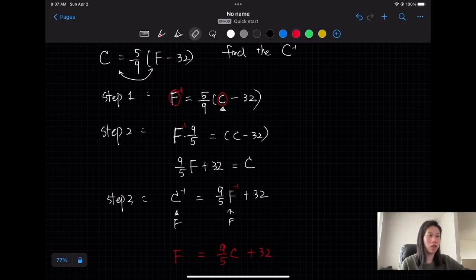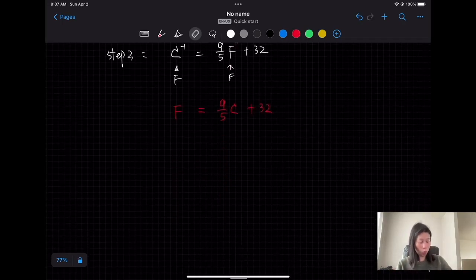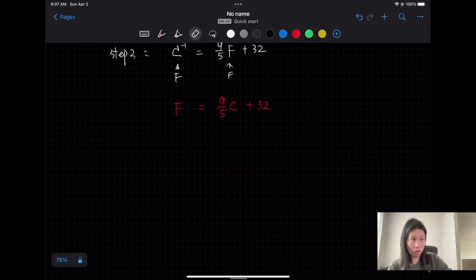All right, so now I want to talk about something. Do all functions have an inverse function? Nope. So the property of an inverse function, this is very important.